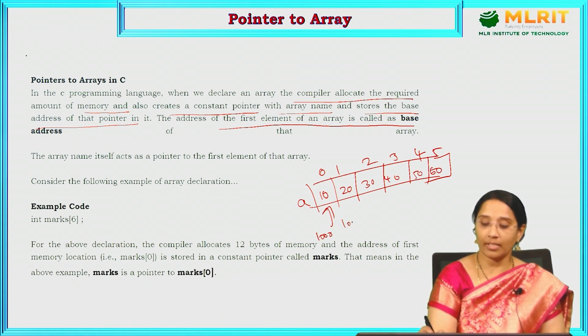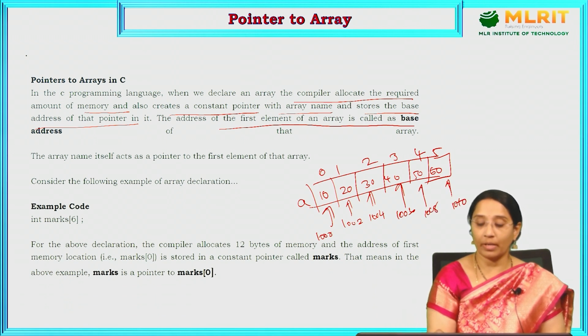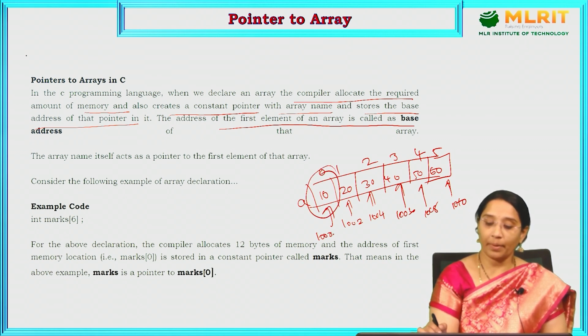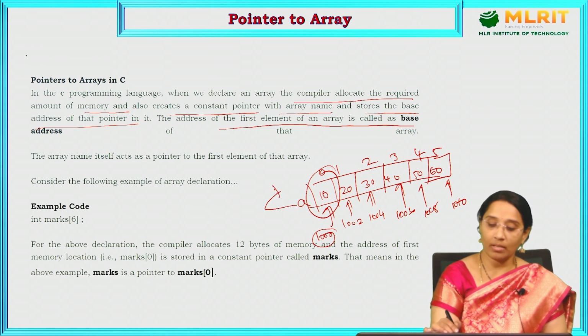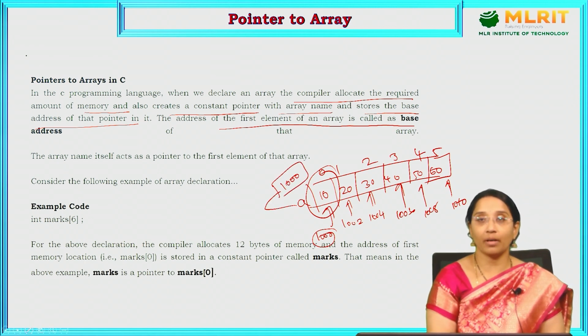If an integer takes 2 bytes, the next location will be 1002, next 1004, 1006, 1008, 1010. This is how your memory addresses will be. The first element of an array is called the base address. So, the array holds the first address in the array, which is called the base address.